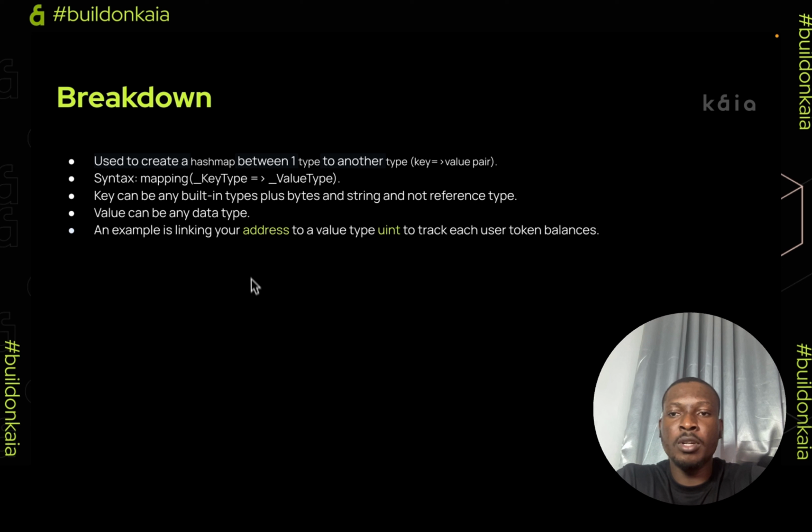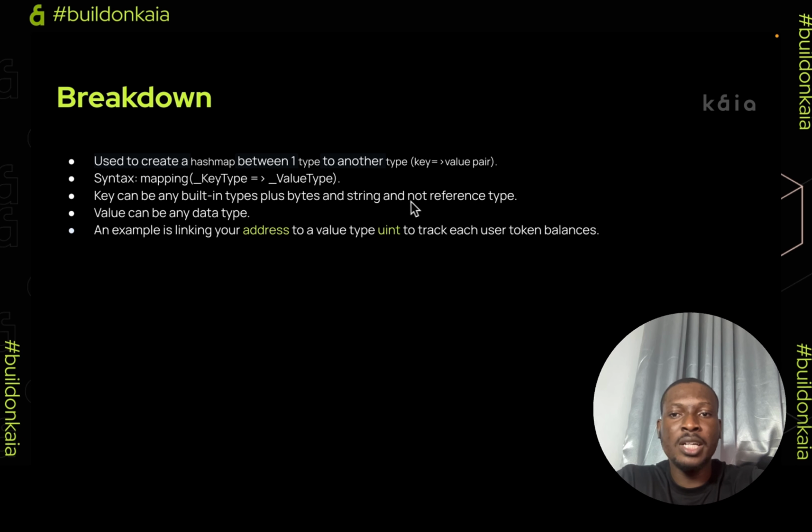So usually, when we are trying to declare a mapping, the syntax is you declare the mapping keyword with your parentheses, then the key type to your value type. Having said that, when you're using a key type in your mappings, it's important to note that the key can be any built-in value type plus bytes and string, and most importantly, they are not reference types.